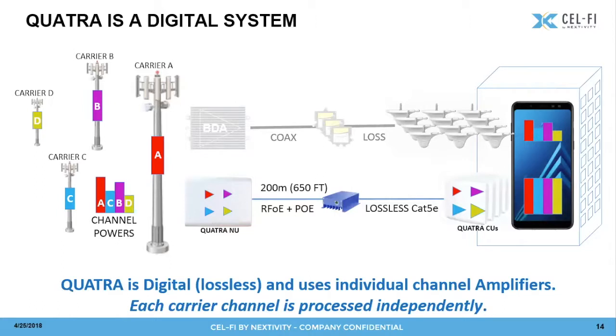And enough gain will be applied, assuming that you have good isolation between your coverage units, of course, and your donor antenna. Then the goal here is to provide maximum transmit power from the coverage units for all individual channels that the system is relaying.